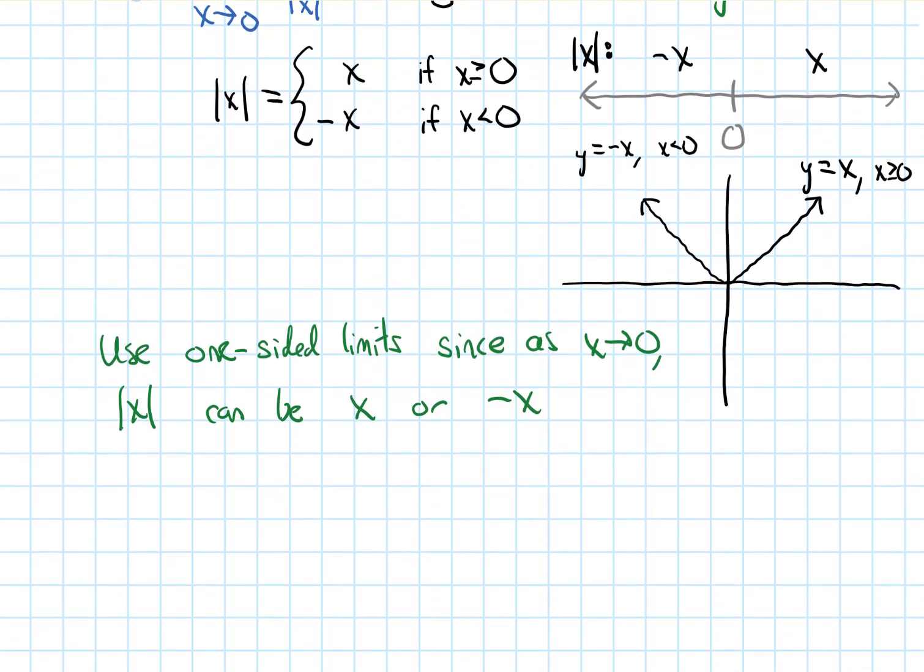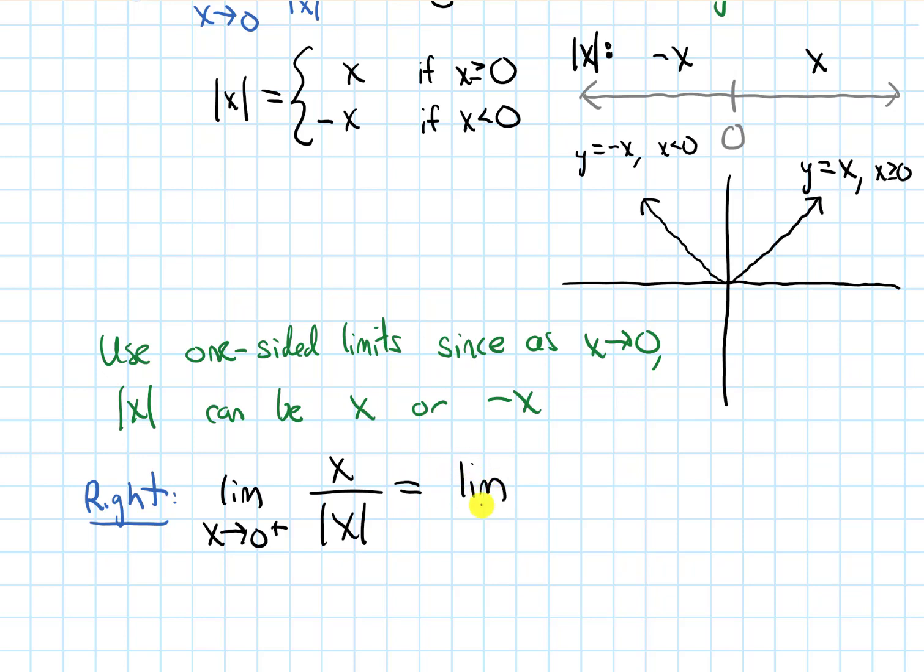Alright, so let's do the limit from the right, and then we'll do the limit from the left. So from the right, we get the limit as x approaches 0 from the right of x over absolute value of x, which equals the limit as x approaches 0 from the right.